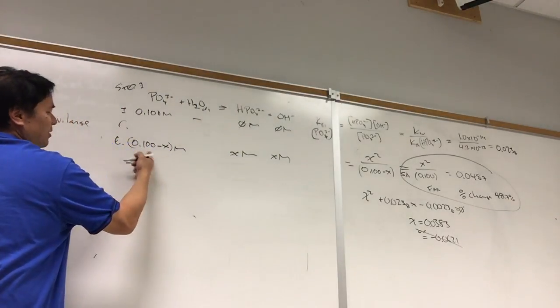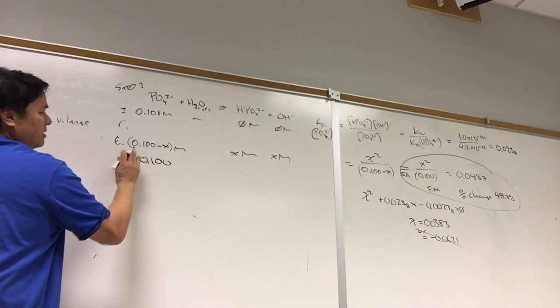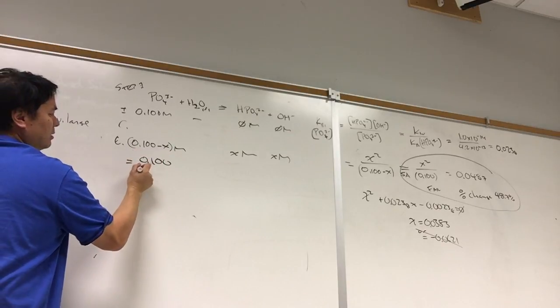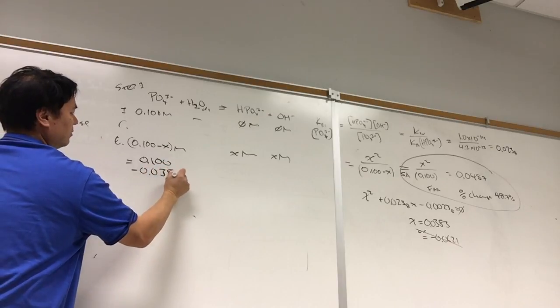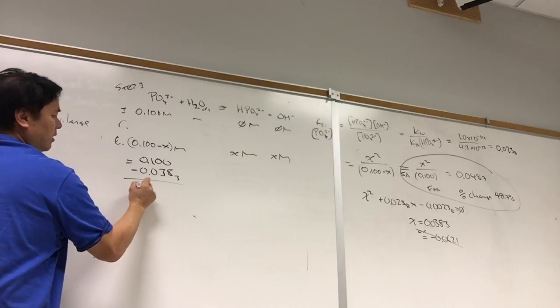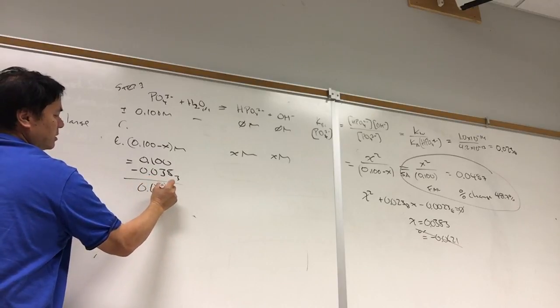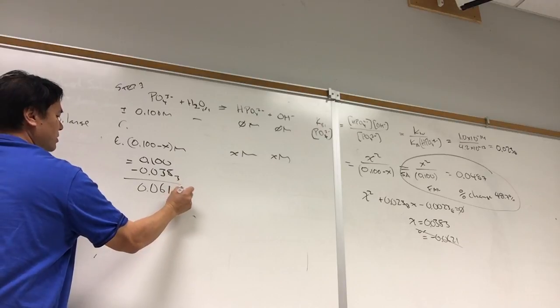This is why I always pick 0.100, so we could do percentage calculations in our head. Because if you call that 100, then this is going to be minus 0.0383, which means we lost 38.3%, and we're going to be left with 61.7% remaining.